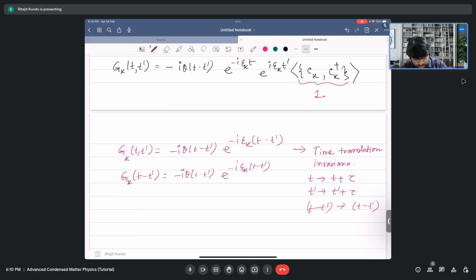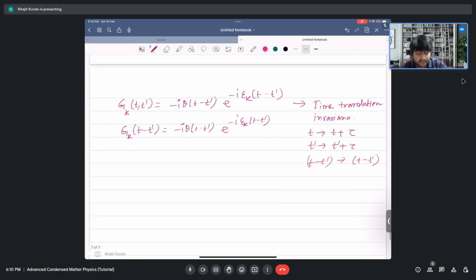We can change this variable, t minus t prime goes to t. So then our Green's function has a single time dependence, minus i theta(t) e to the power minus i epsilon_k t. Okay, as simple as that.